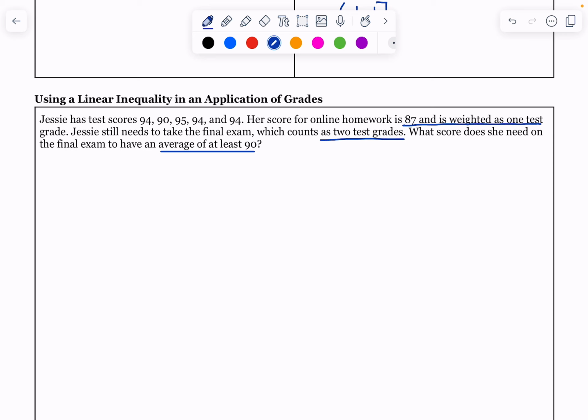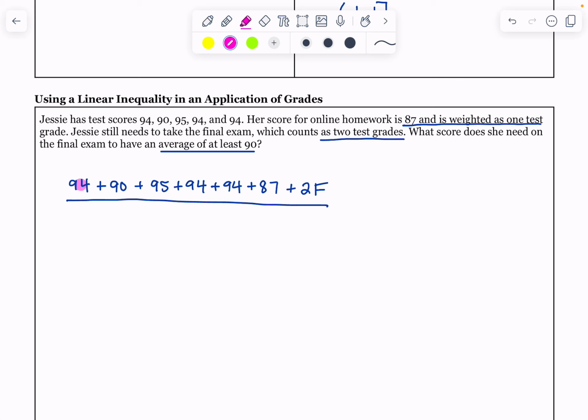Okay, so to find her average, we're going to have 94 plus 90 plus 95 plus 94 plus 94, and her homework does count as 1 grade, so plus 87. Plus, if we make F the final, it counts twice, so we're going to do 2F divided by.